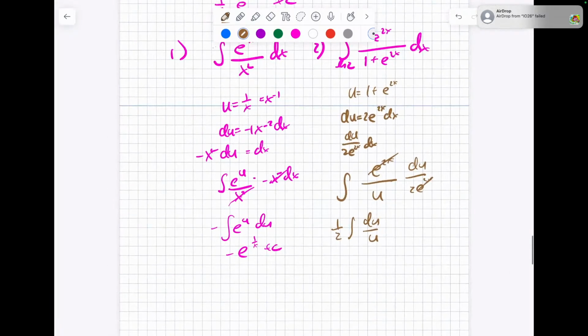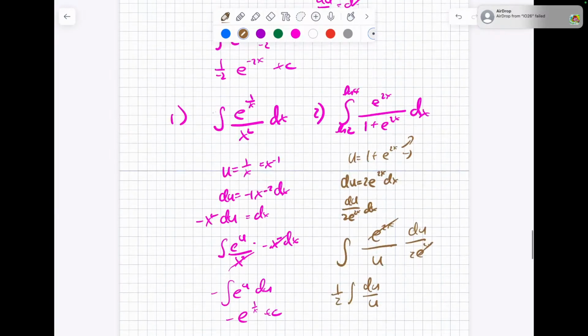Okay, so I'm going to change the boundary here. So it'll be 1 plus e to the 2 ln of 4. Now be careful because e and ln cannot cancel out directly. So I'm going to rewrite that to 1 plus e to the ln of 4 squared. So 4 squared is 16. Now e and ln cancel out. That's equal to 17. Same thing as the other side.